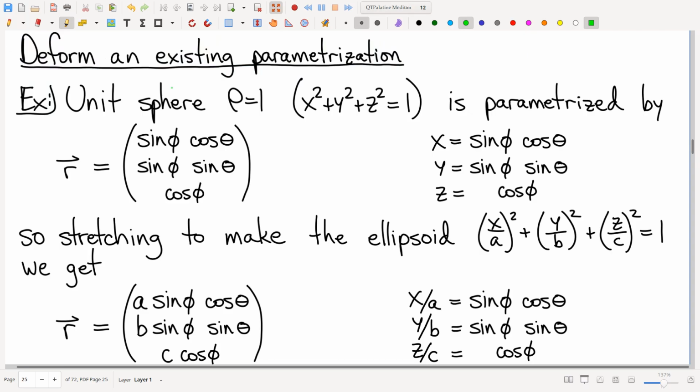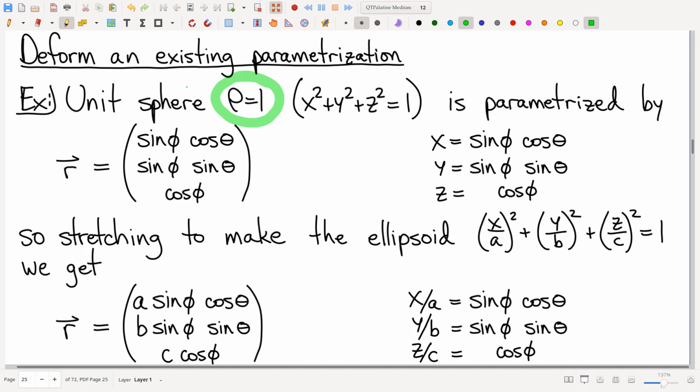Okay, so here's the idea. Let's start with the unit sphere, which you've all seen a million times. There's the formula. It's a little bit easier, though, to recognize it in spherical coordinates. And using that spherical formula, that's a spherical graph.